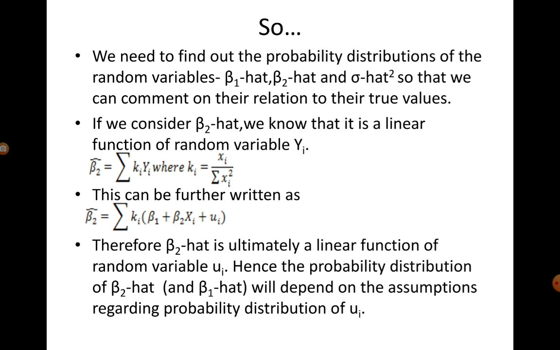You will recall from the proofs that we have done that beta 2 hat can be written as summation ki yi, where ki is nothing but xi divided by summation xi square, right? So further, yi can be written in the original population regression function form, that is beta 1 plus beta 2 xi plus ui.